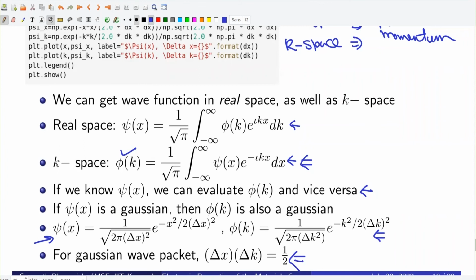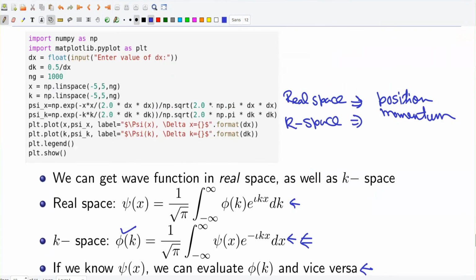Let us write a code where we vary delta x and delta k and see how the wave packet looks like in real and k space. So this is how the code looks like. The user has to insert the value of delta x, and then in the next line we calculate the value of delta k, and then we define the functions in real space and in k space, and then we plot them.